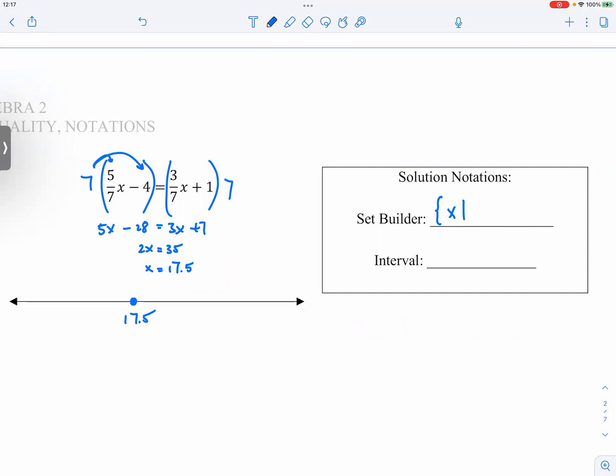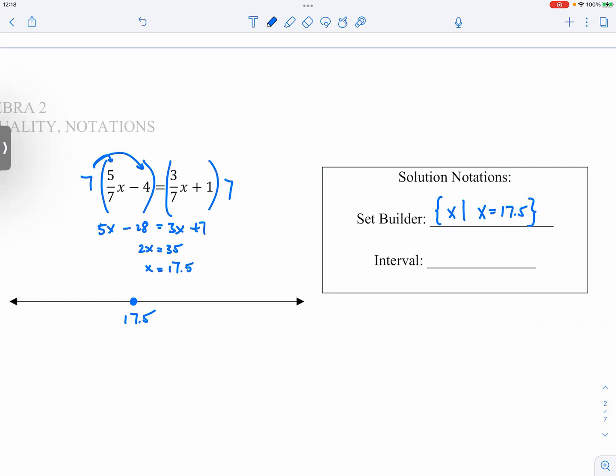And then you write down a vertical stroke. That means such that, okay? It's not about absolute value. So we'll say x such that, and then this easy part. Whatever you found on the left-hand side, you just copy it over. So the whole interpretation of the set builder notation is that x such that x is equal to 17.5, okay?